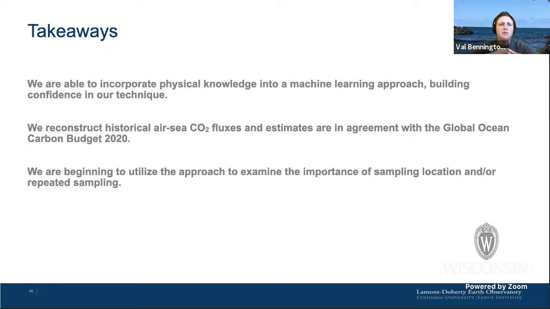And now we're just beginning to utilize this approach to look at the importance of sampling and sampling locations, but also working with some NOAA scientists to look at the values of individual cruise tracks on the reconstructions.